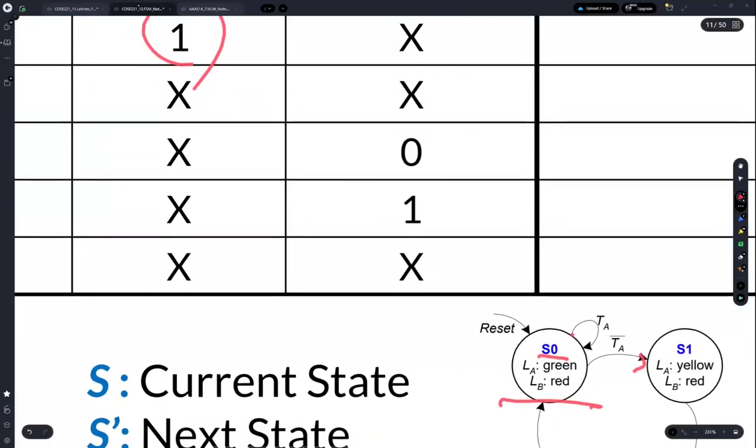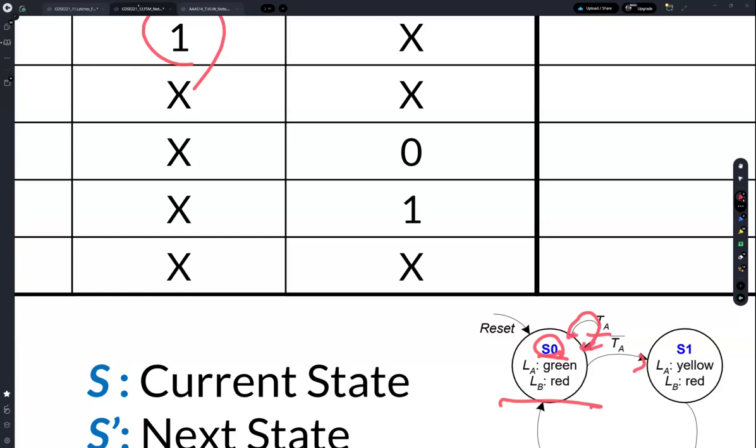So if the current state is S0 and input signal TA is 1, what is the next state? The next state is S0, right? Because you can find this arc.